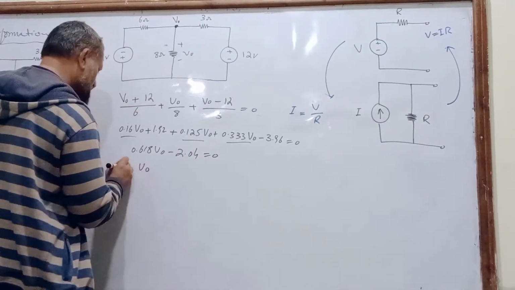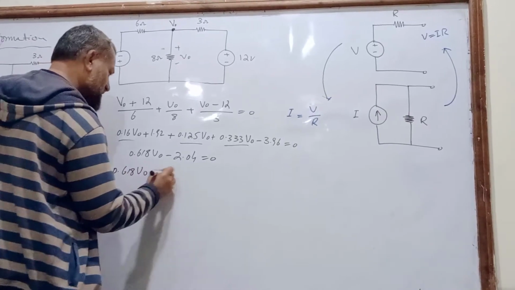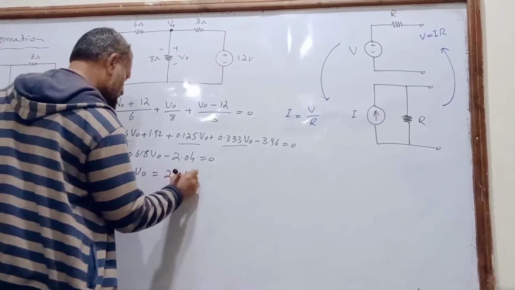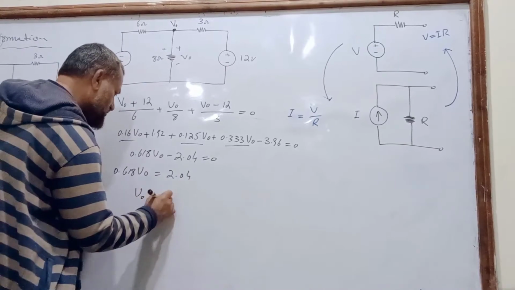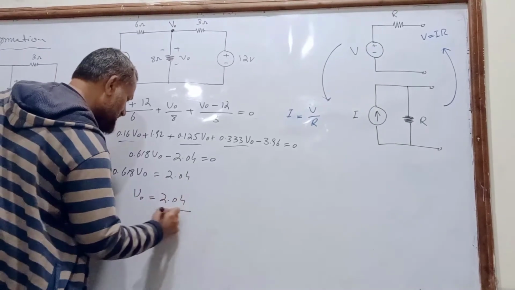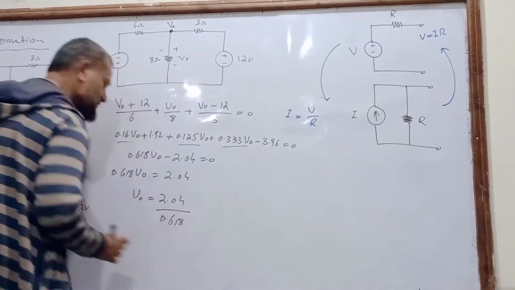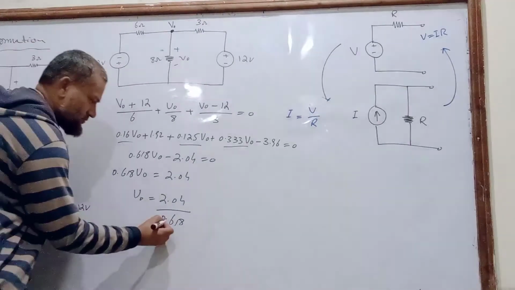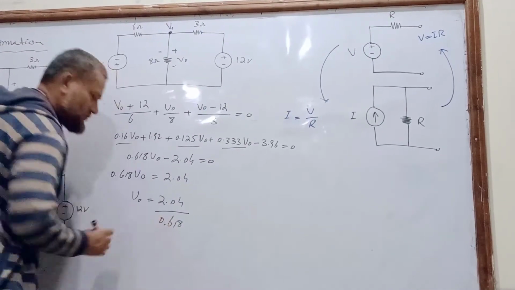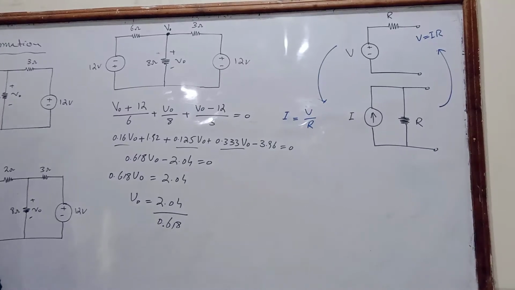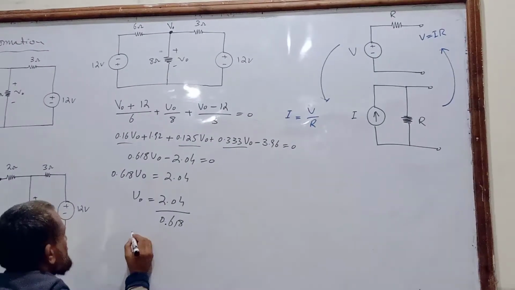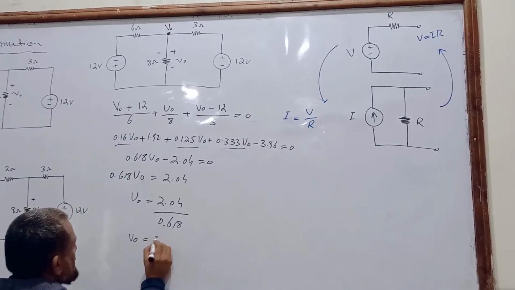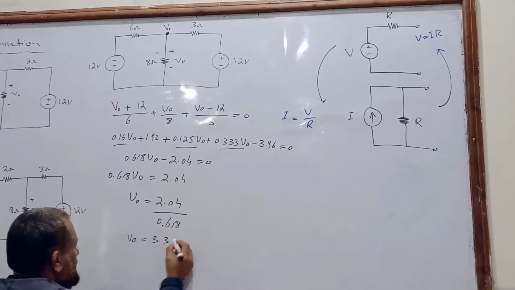So 0.618 V naught is equal to 2.04, and V naught is equal to 2.04 divided by 0.618. How much is this one? 3.300 volt.